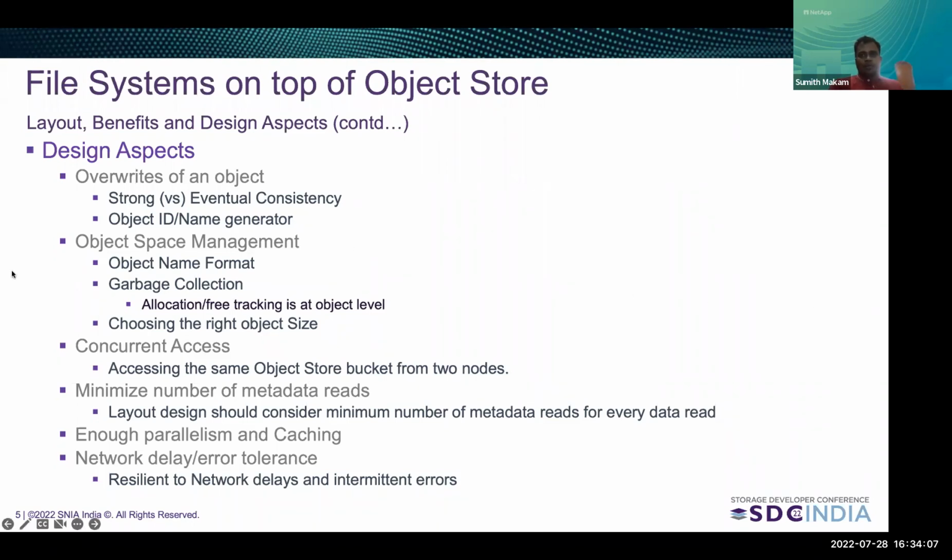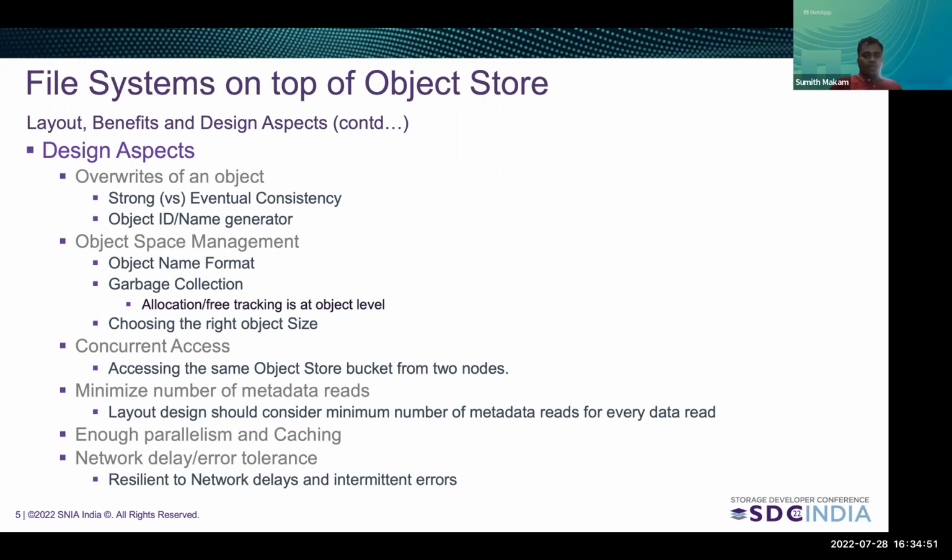Another aspect is network delay and tolerance. File systems are primarily designed to read and write data from the disks which are present in the disk shelves, so they wouldn't expect long delays and many intermittent failures. But access to object store can be over a public network, where there can be network delays and a lot of intermittent errors. Applications should expect these delays and intermittent errors and be tolerant to them by having some retry logic. Without this retry logic, with an intermittent error, the applications can end up returning an error to the clients.